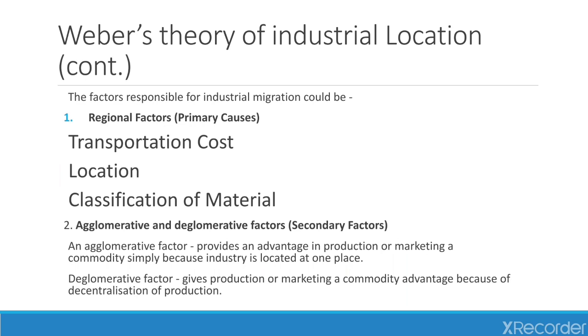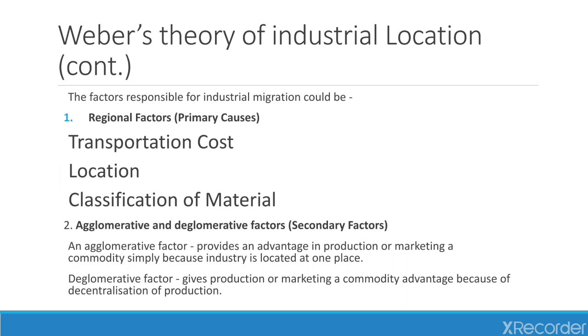The factors responsible for industrial migration, according to Weber, have been divided into regional or primary causes and agglomerative and deglomerative factors, that is, secondary factors.